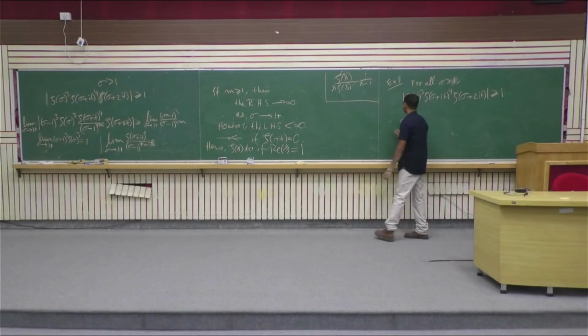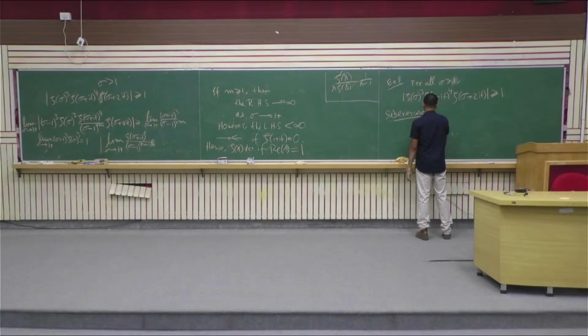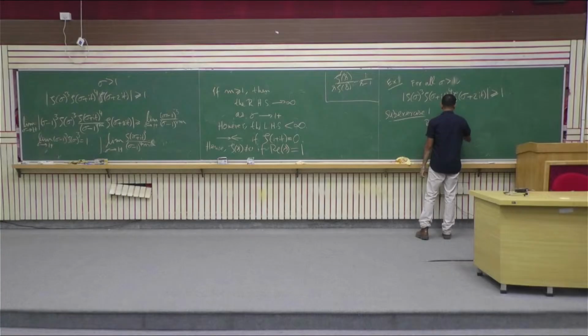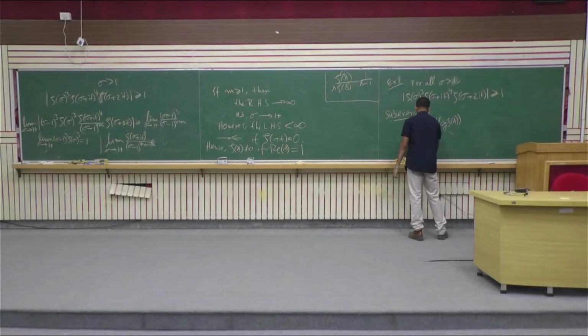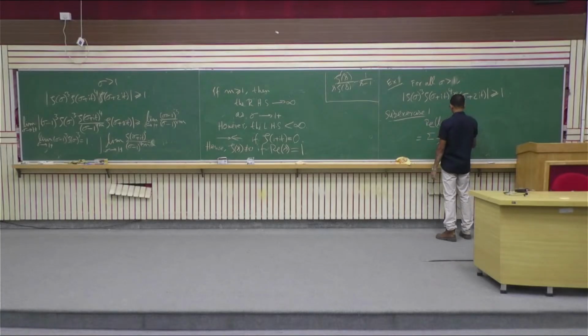Okay, so sub exercise 1, that is, show that the real part of log zeta s is given by the summation of lambda n by n to the power sigma, log n, times the real part of n to the power minus it.